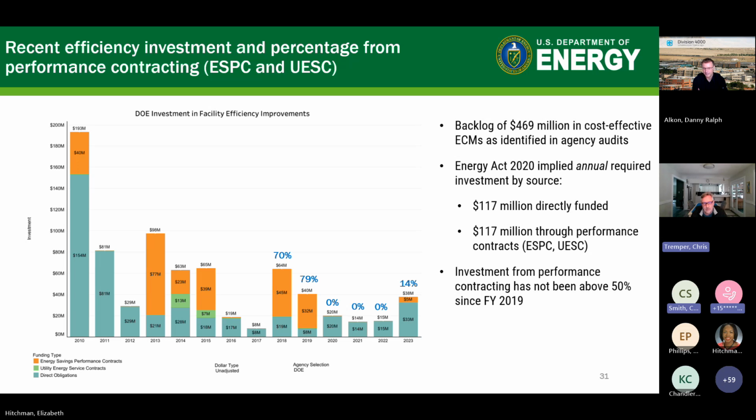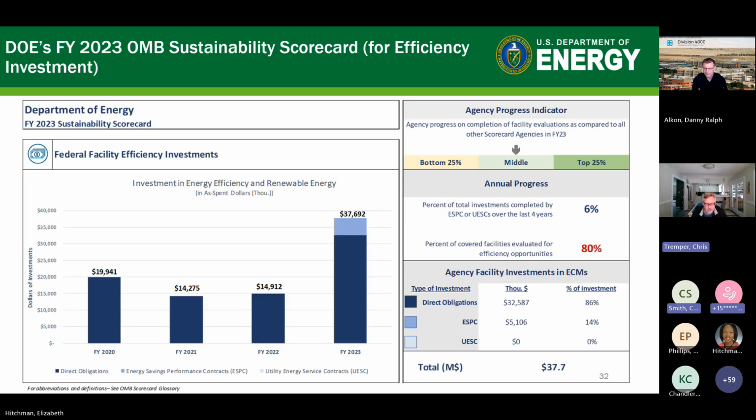The next slide I want to give you is somewhat the same data, but in the format of the OMB Sustainability Scorecard. This is the slide on the scorecard for DOE's efficiency investment. Now you see in this case, it's only showing the investment back to 2020.